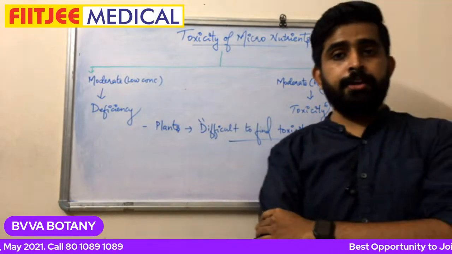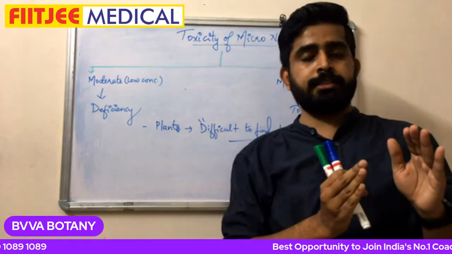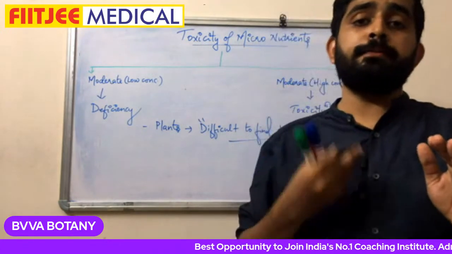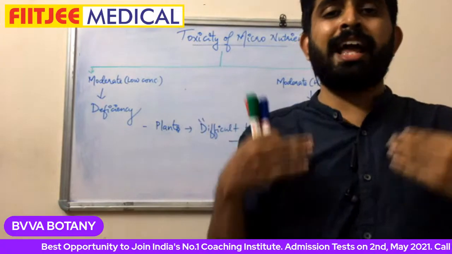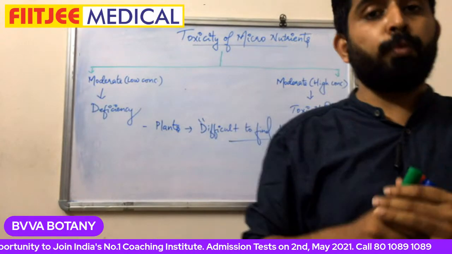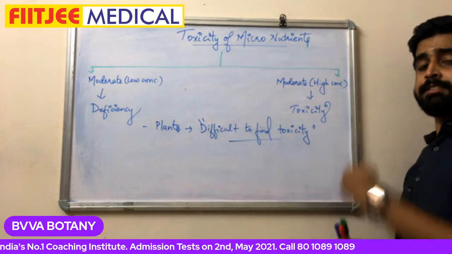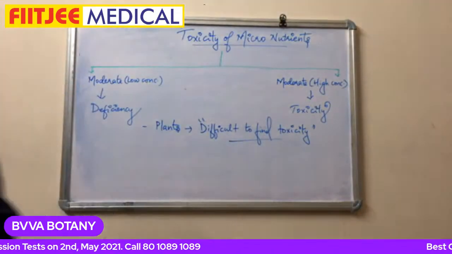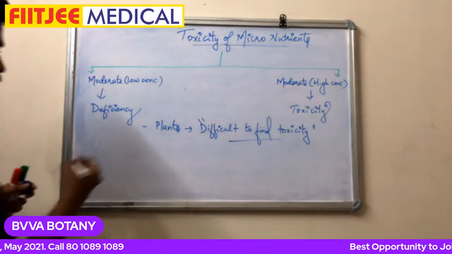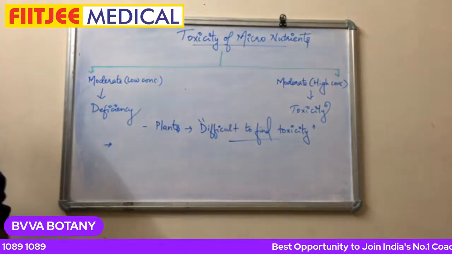Are you getting this? If one nutrient is toxic due to its over presence, it can cause deficiency of others. So it is not actually clear whether it is a deficiency symptom or a toxicity symptom. I will explain with one example, a micronutrient.